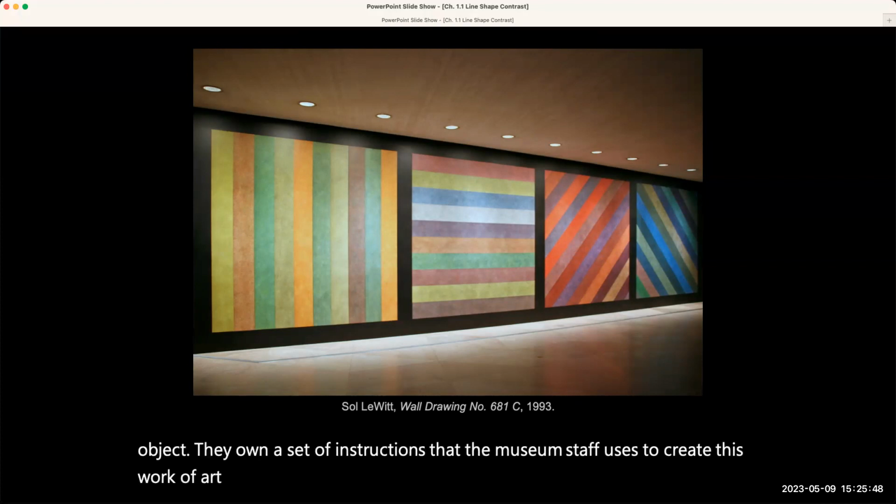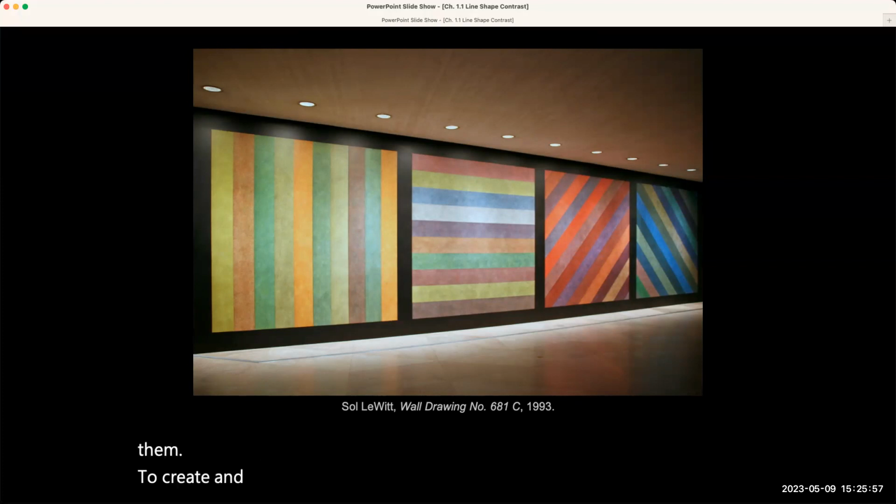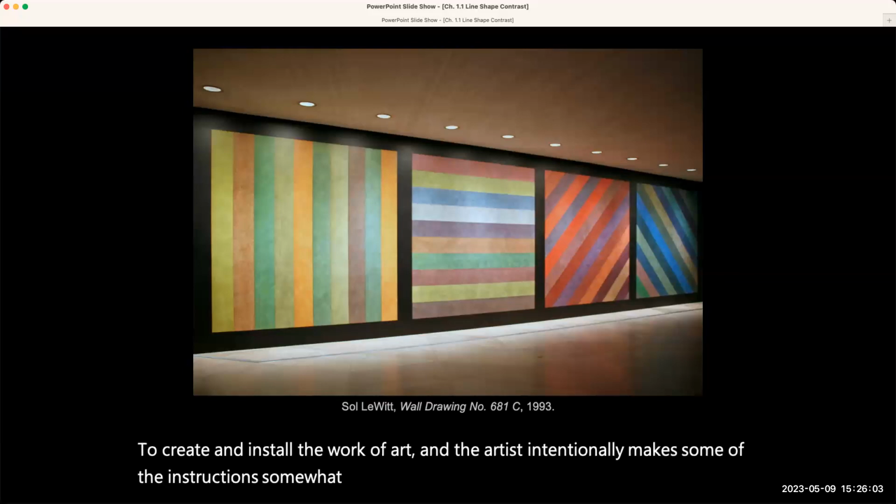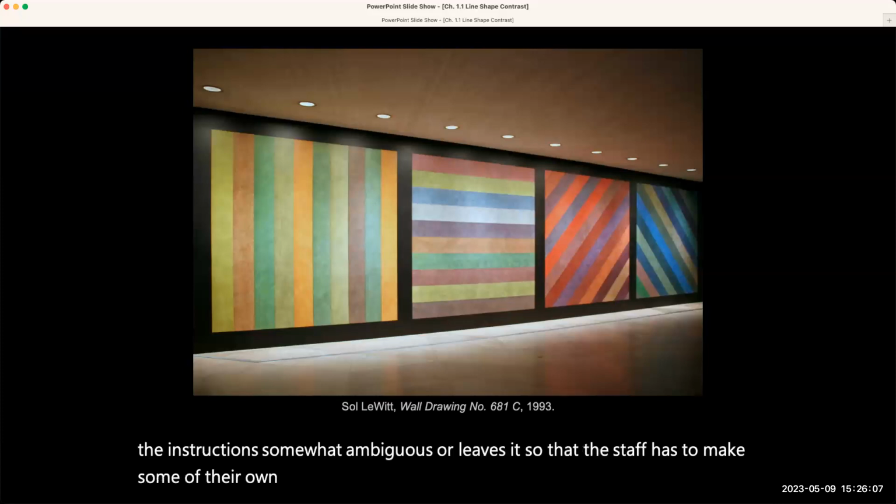So the artist writes these instructions, and then the staff follows them to create and install the work of art. And the artist intentionally makes some of the instructions somewhat ambiguous, or leaves it so that the staff has to make some of their own decisions. And so that way the work has a unique appearance each time that it's reproduced.